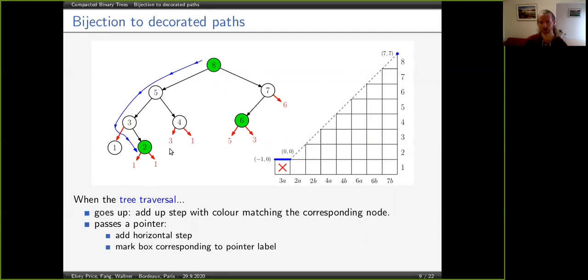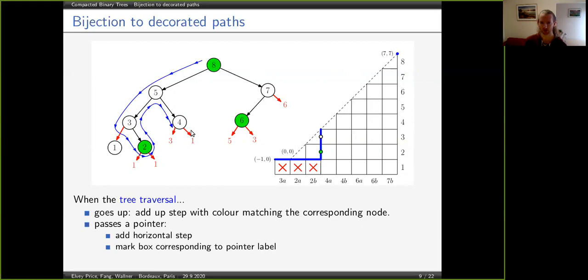Now whenever we go up, we do an up step, and we color the up step with the color of the corresponding state. So we go up again, and get a white up step.